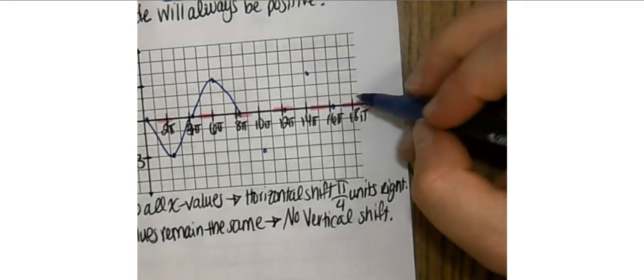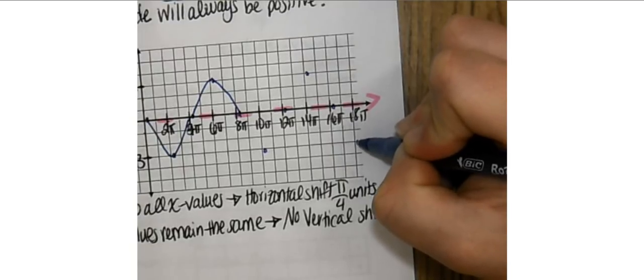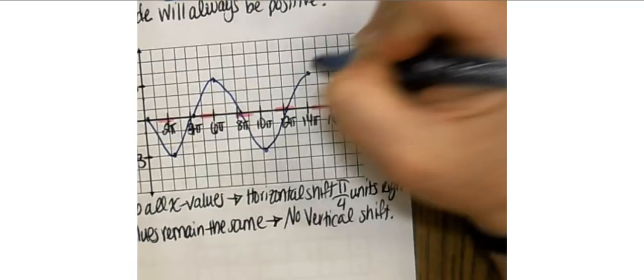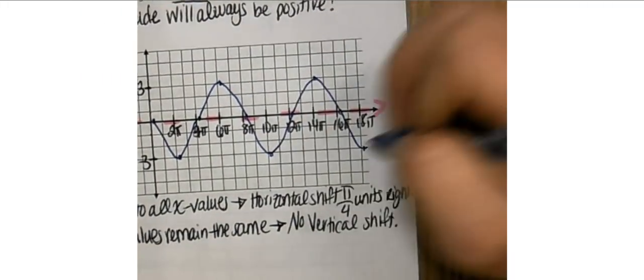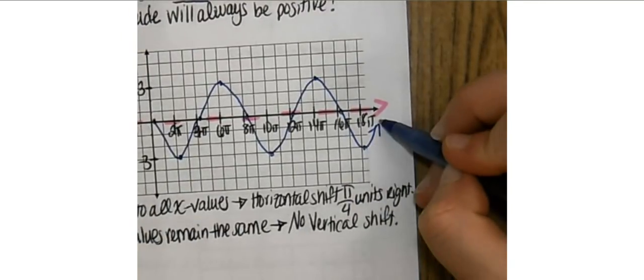Back to 16 pi and make it just a little bit in front of that, right at 0. And then down at 18 pi, I'm going to go down just a little bit in front of that point and make my smooth curve. And my end behavior has me reaching a minimum point and then going right back up.